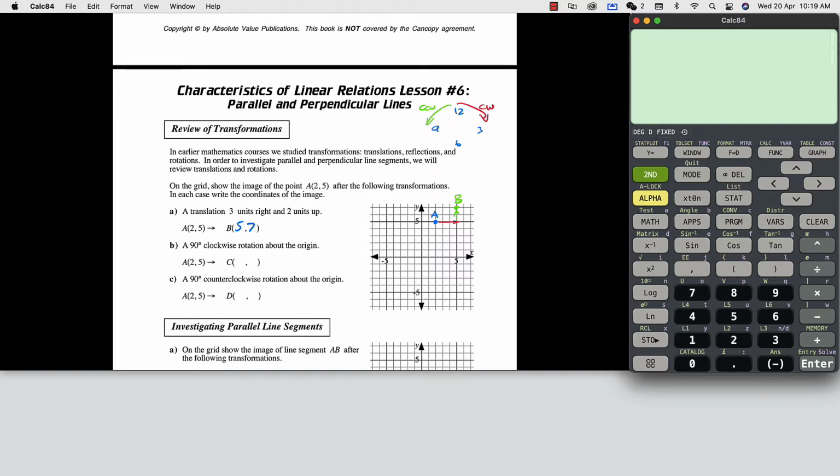So if I was to draw a line from the origin, and that's what it's rotating about, the origin, from there to point A, and then if I was to rotate 90 degrees, keeping that same length of a line, it should end up right here.